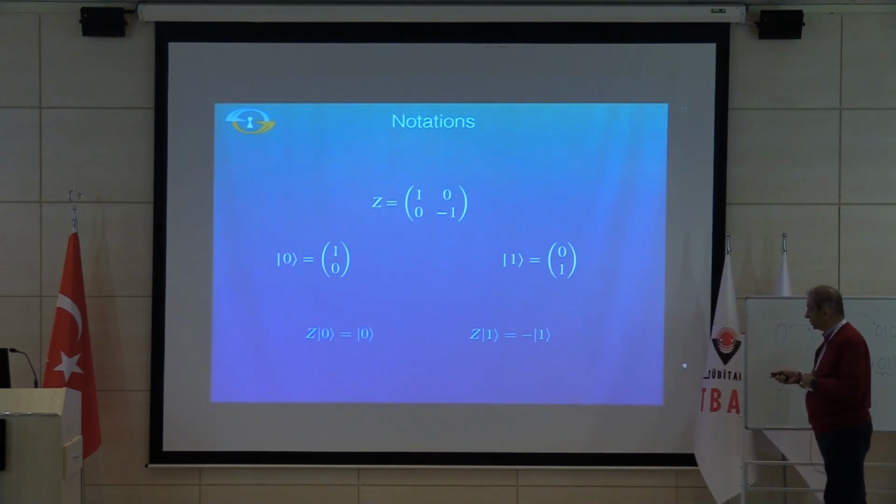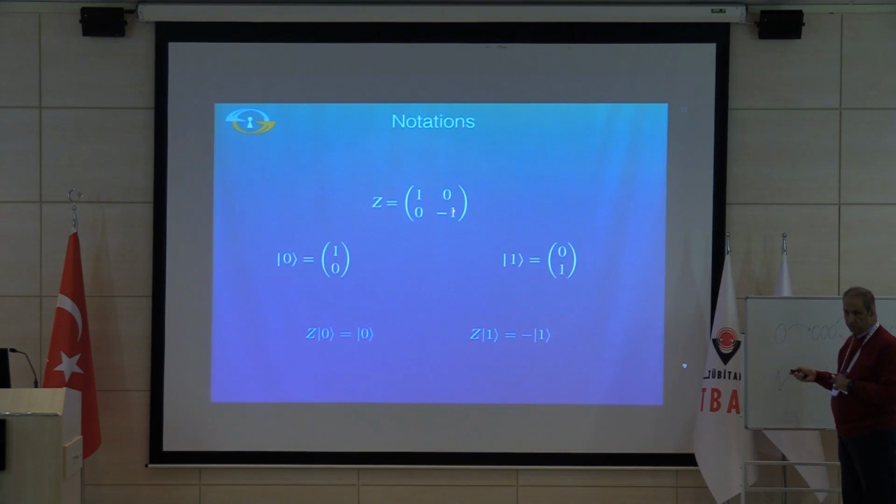So this is the operator Z, you all know it, it's diagonal with 1 and minus 1. This is the bit 0, which is spin up, so to say. This is qubit 1, which is spin down. And 0 and 1 are eigenstates of Z, with eigenvalues 1 and minus 1. These are obvious, okay?